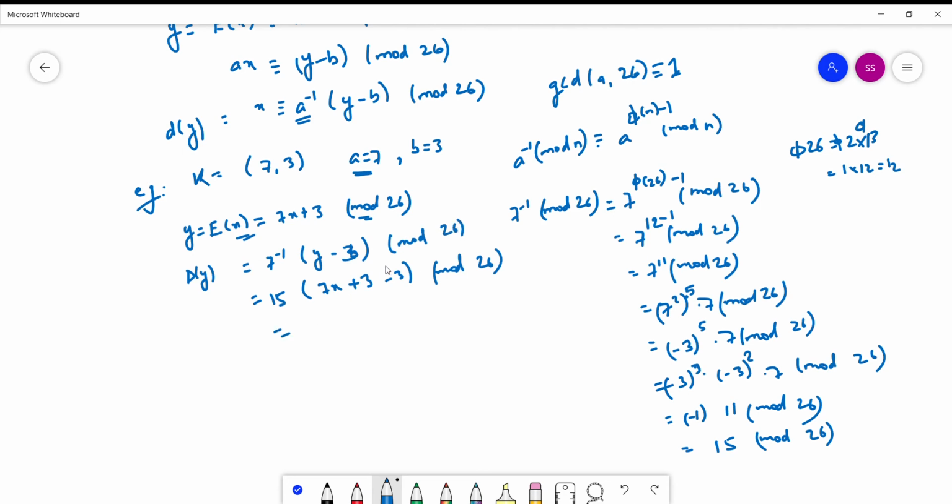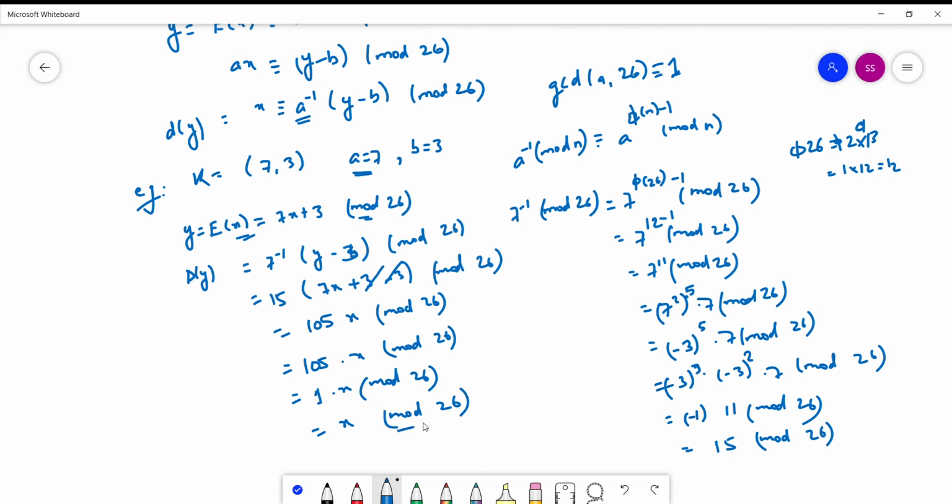Okay, so 3 and 3 cancelled, so I will get 105x mod 26. So I can always write this as 105 into x mod 26, right? So 105 mod 26 is 1, because 26 into 4 is 104, so remainder is 1. So 1 into x mod 26, so I am getting x here.